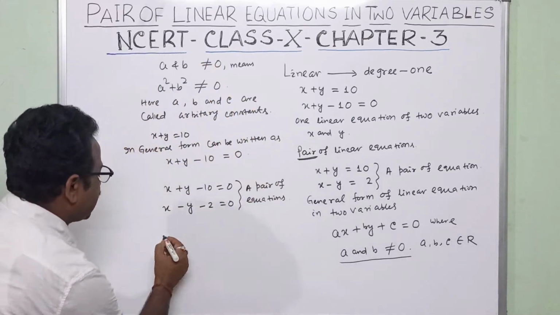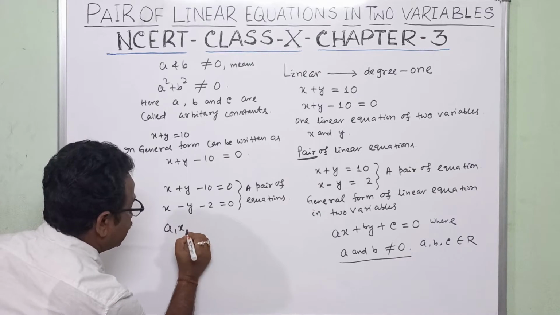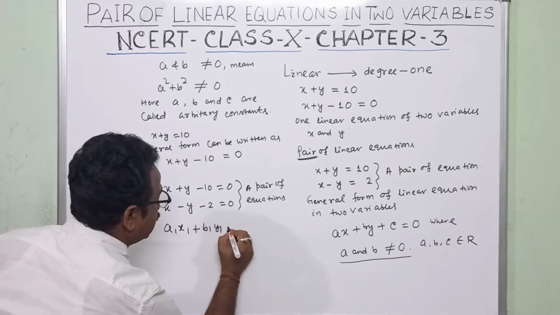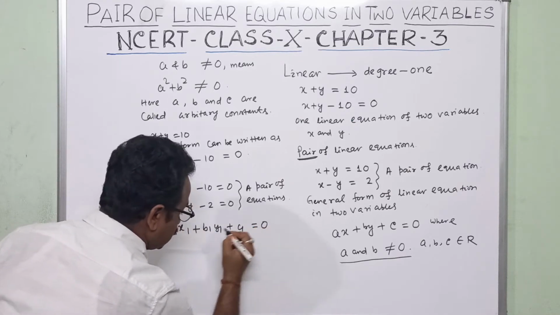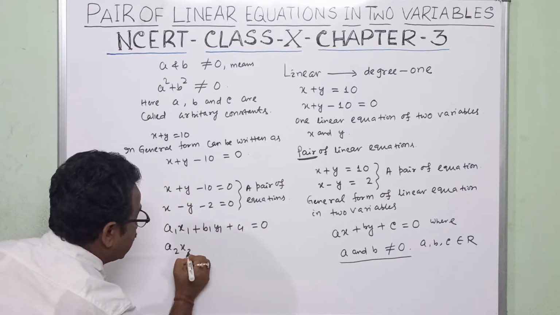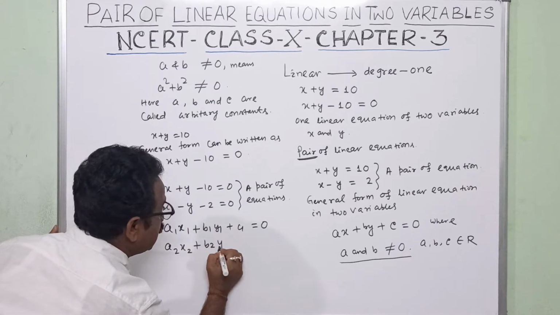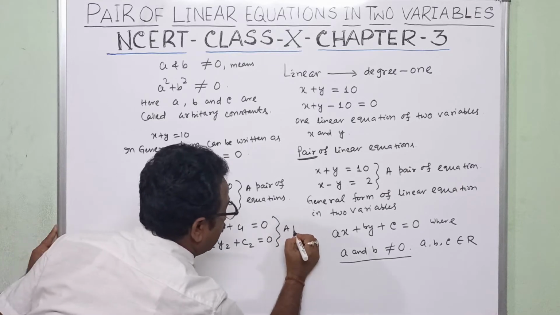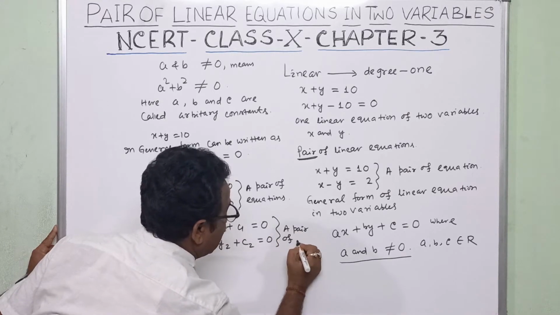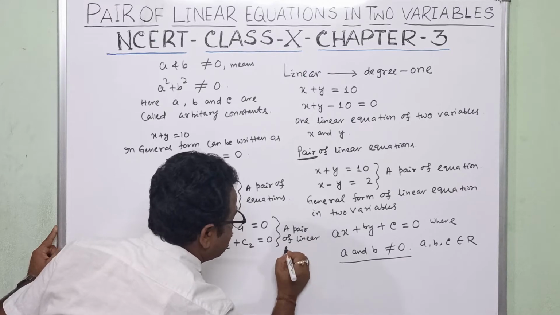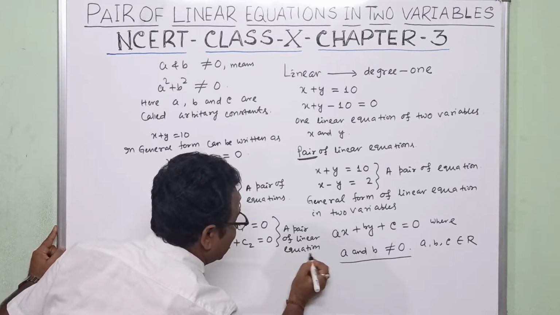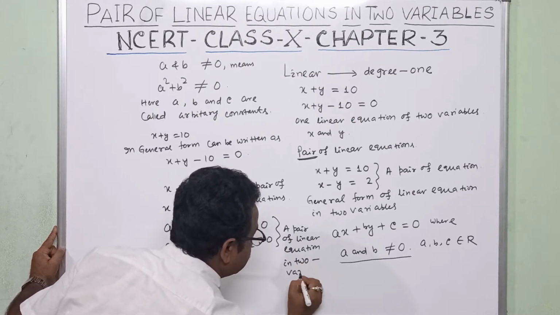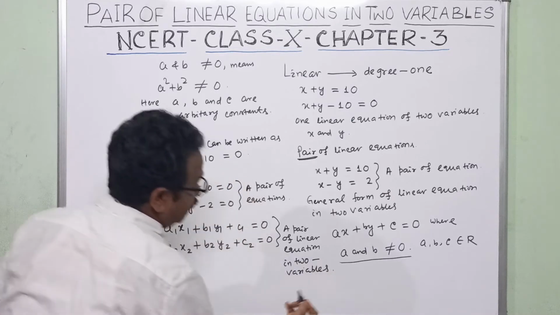We can write a1 x plus b1 y plus c1 is equal to 0, a2 x plus b2 y plus c2 is equal to 0. A pair of linear equations in two variables.